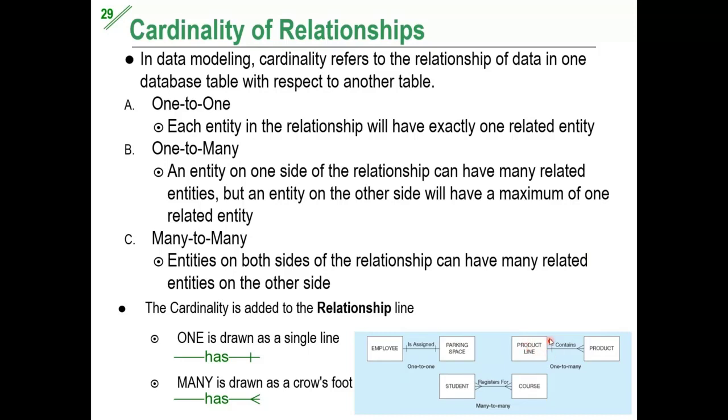One product line can contain many products, or in other words, one product is associated with one product line in my product line entity.